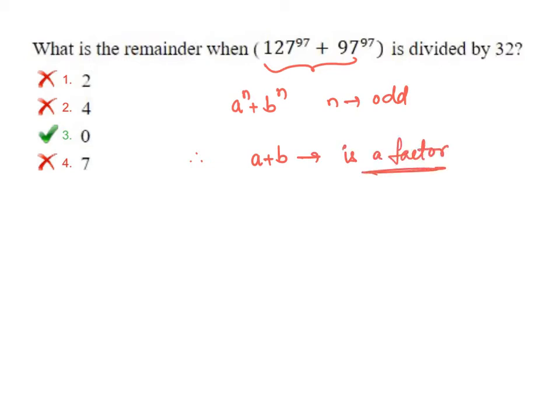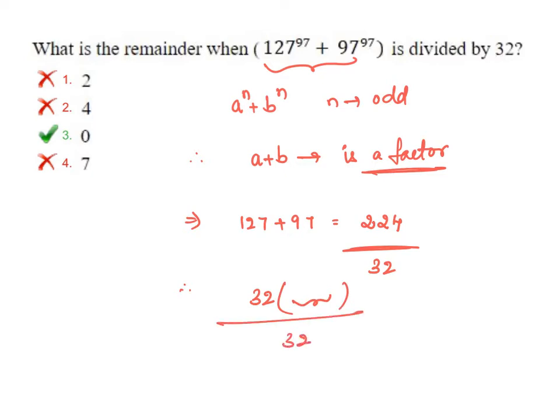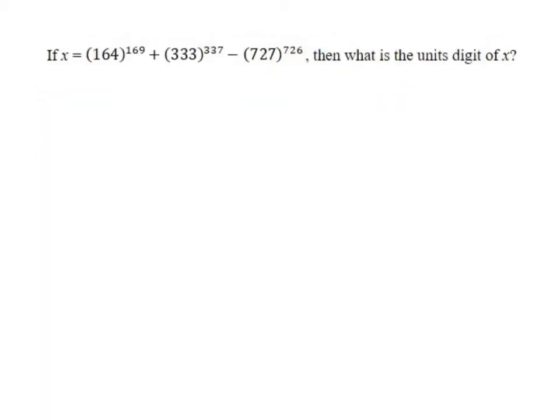If a plus b is a factor, which means 127 plus 97, 224 is a factor. 224 is perfectly divisible by 32. Therefore, the entire thing you can write it as 32 into something when divided by 32. Remainder is 0.